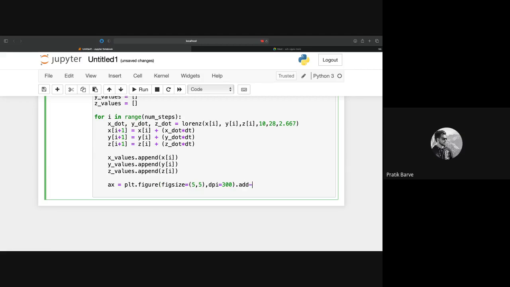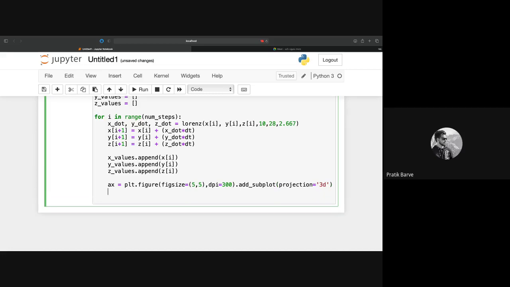So this is the syntax for that. Add subplot, and we have to say the projection is 3D. And that's it, I think, projection 3D.